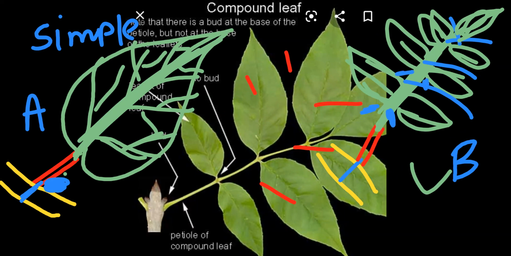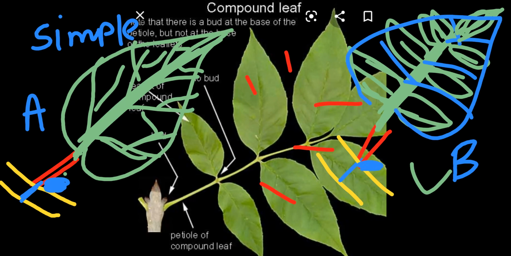But in this case, only at the base of the leaf a single bud is present, and that's why we call it a single leaf, but dissected into many parts that we call leaflets. So this type of leaf we call compound, whereas an entire leaf we call simple.